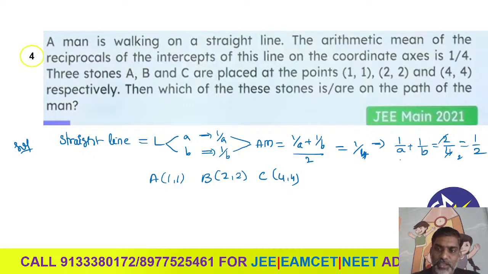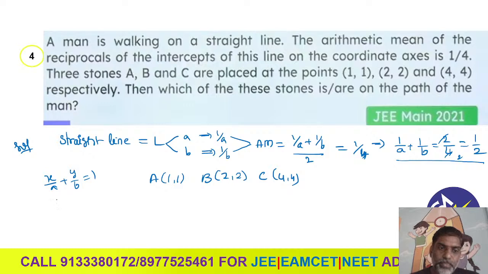The path of the man is on this straight line, and with the x intercept and y intercept, we write the line as x by a plus y by b is equal to 1. This is the line.